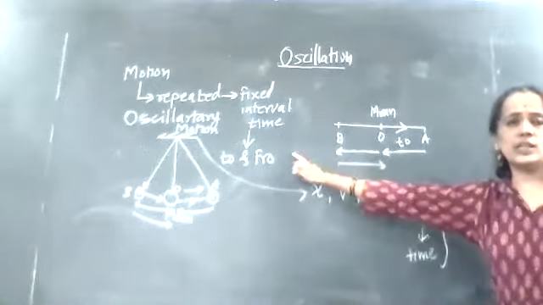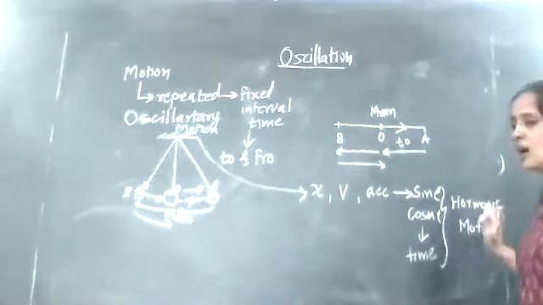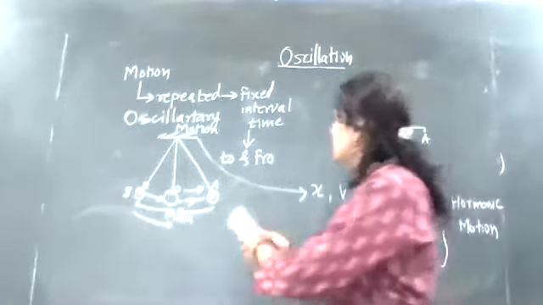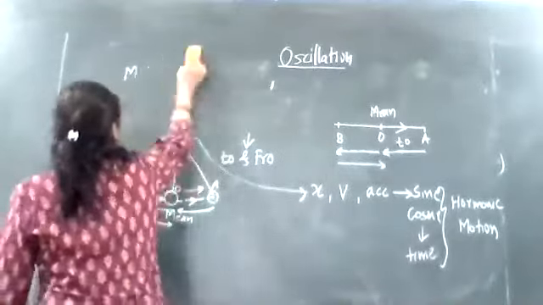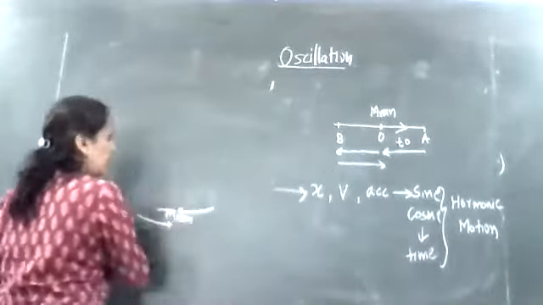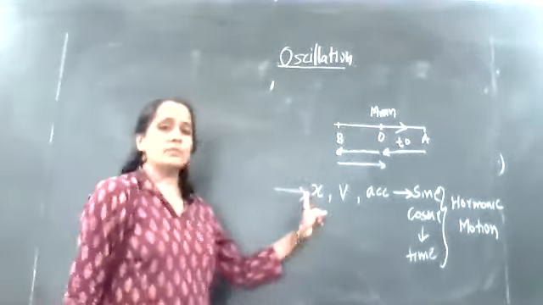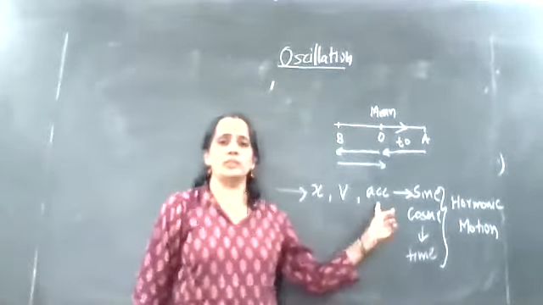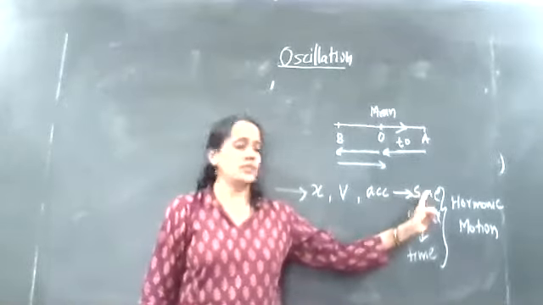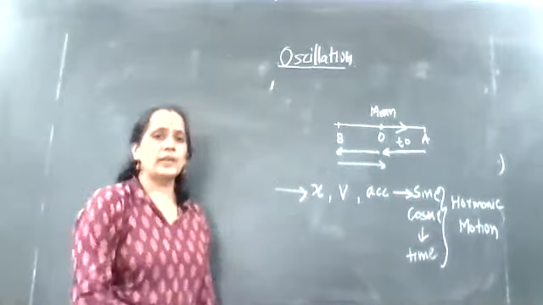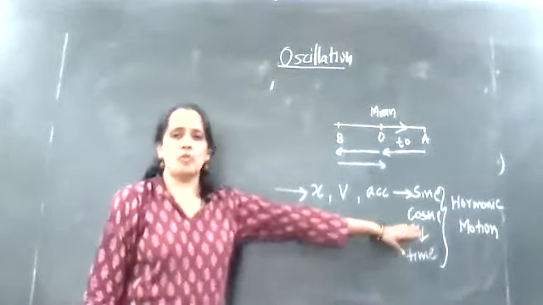That's why that oscillatory motion is to be called a harmonic motion. Now harmonic motion, I can say, is a simple harmonic motion. So why is the word harmonic used? Because displacement, velocity and acceleration are expressed in terms of sine, cosine and time functions. That's why it is to be called a harmonic function.